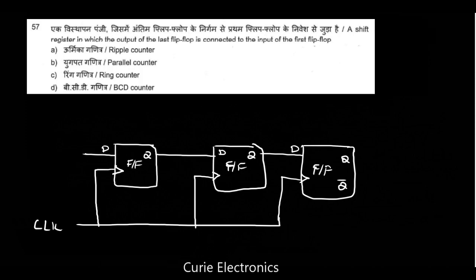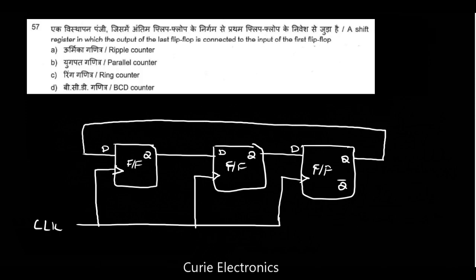Now if I take the output of this shift register and connect it to the input of the first flip-flop, this is known as the ring counter. So a shift register in which the output of the last flip-flop is connected to the input of the first flip-flop is known as the ring counter.